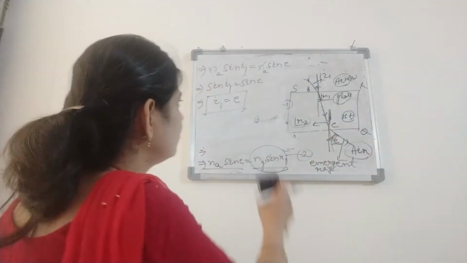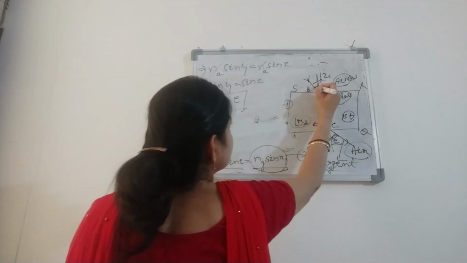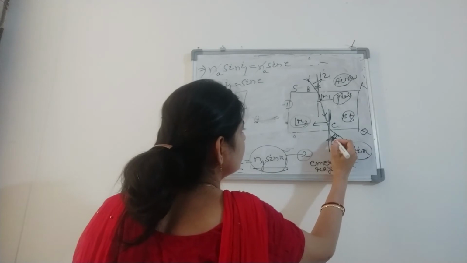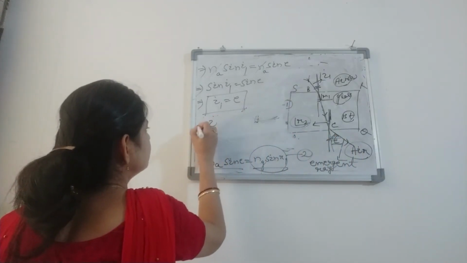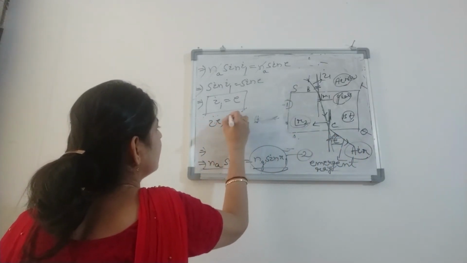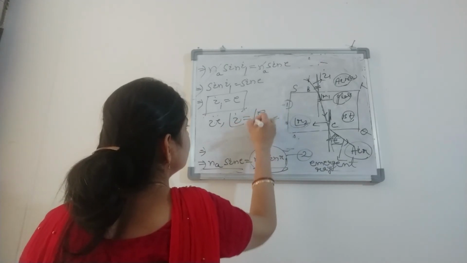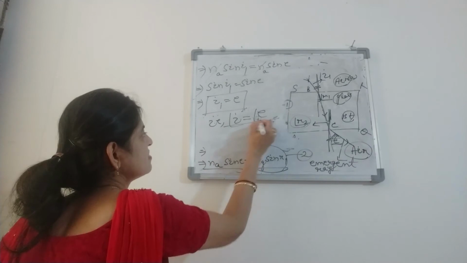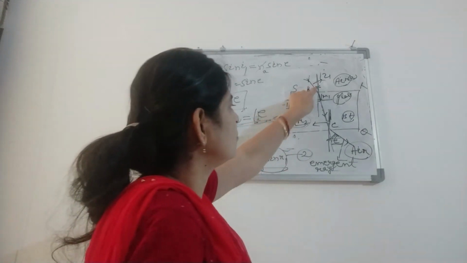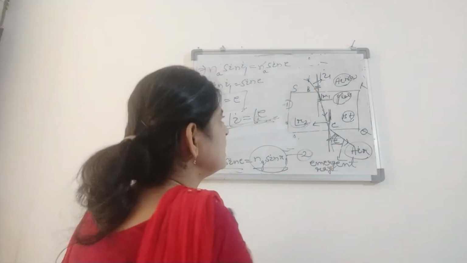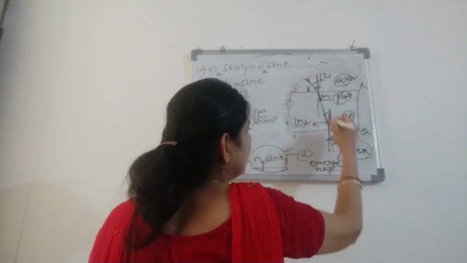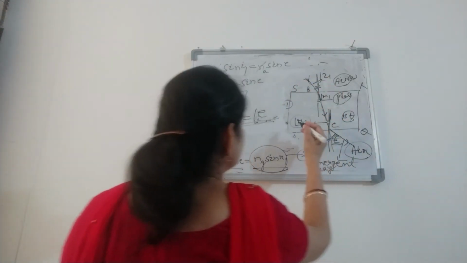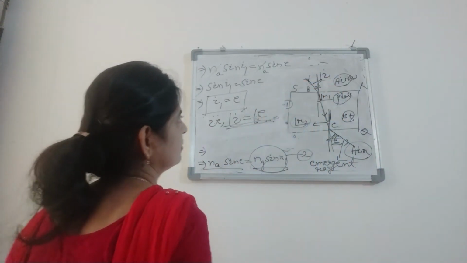That means our conclusion is the angle of incidence is equal to the angle of emergence. Or in other words, these two angles are equal, which means the incident ray and the emergent ray are parallel to each other.